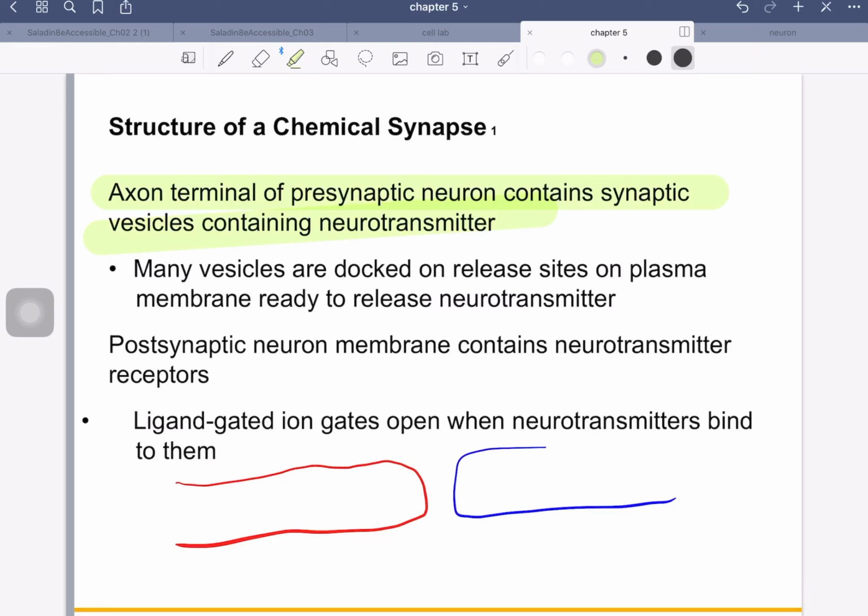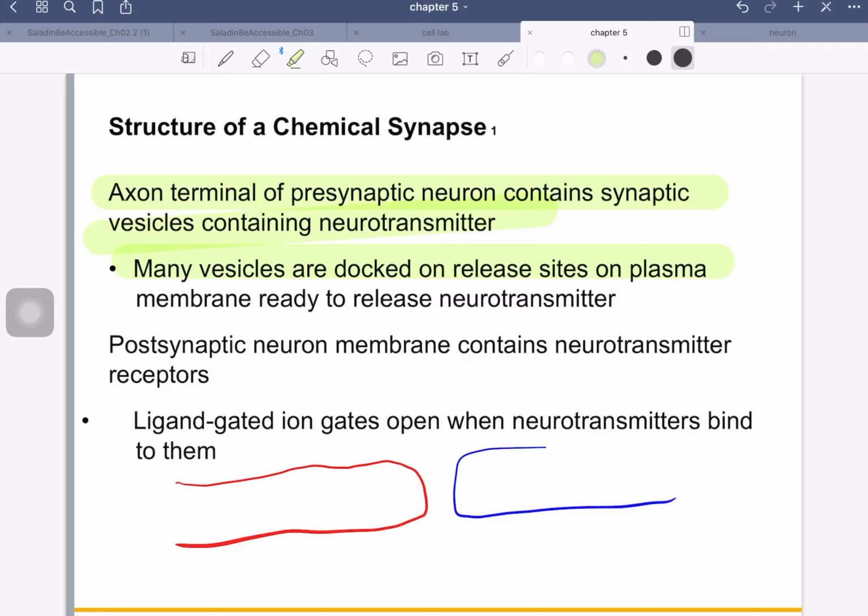And when stimulated, so if an action potential travels down the membrane of the presynaptic neuron, it then causes the vesicles with the stored neurotransmitters to move to the surface and release them. So we have many vesicles that are docked on release sites in the plasma membrane, ready to release a neurotransmitter.